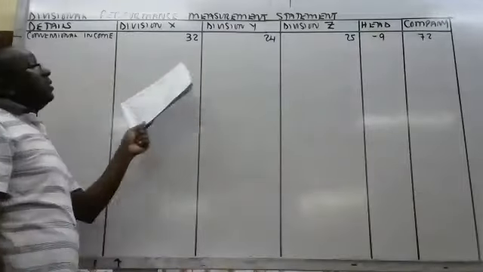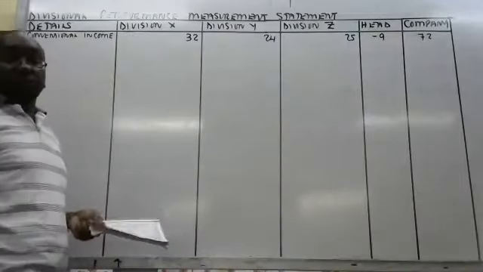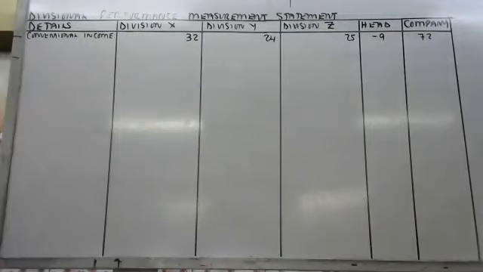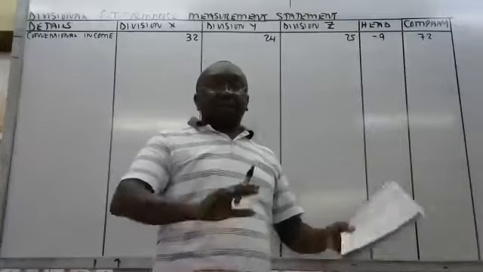If you add them across, 2 plus 24 plus 25 minus 9, it is 72, because that is for the company, we are combining.